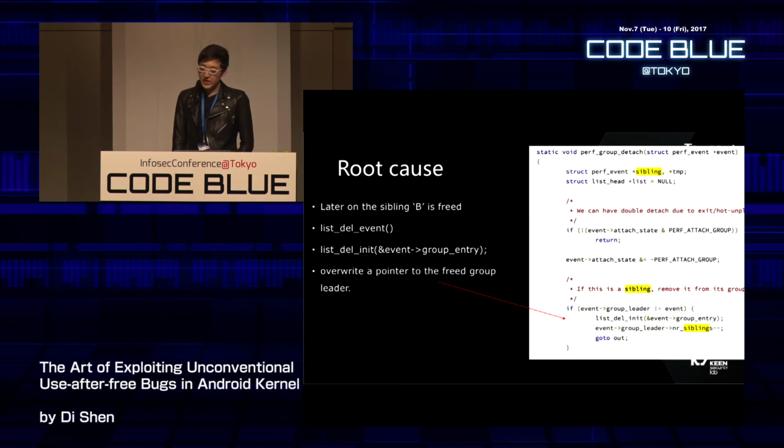Later on, when I free the perf event B, the kernel will call perf_group_detach again. But this time, the problem is this function will call a kernel function, list_del_init, to remove the perf event B from its group and dereference the pointer group entry. But actually, it's a dangling pointer to the deallocated group leader A, so A is overwritten after free.